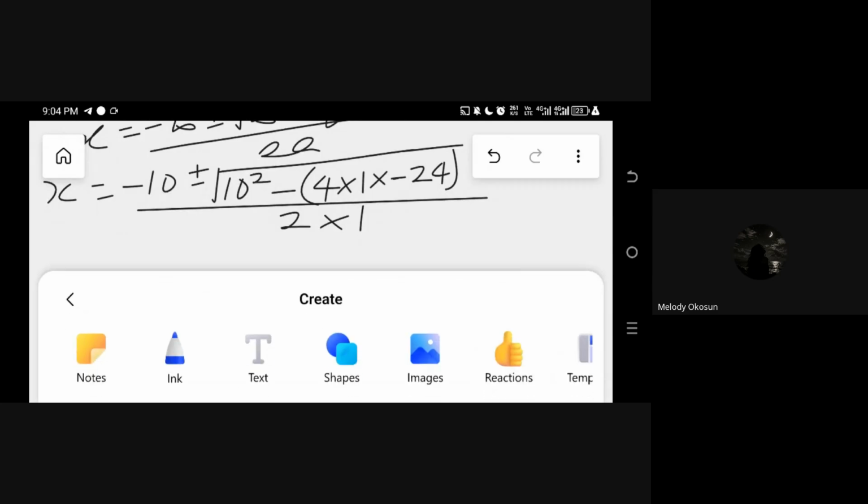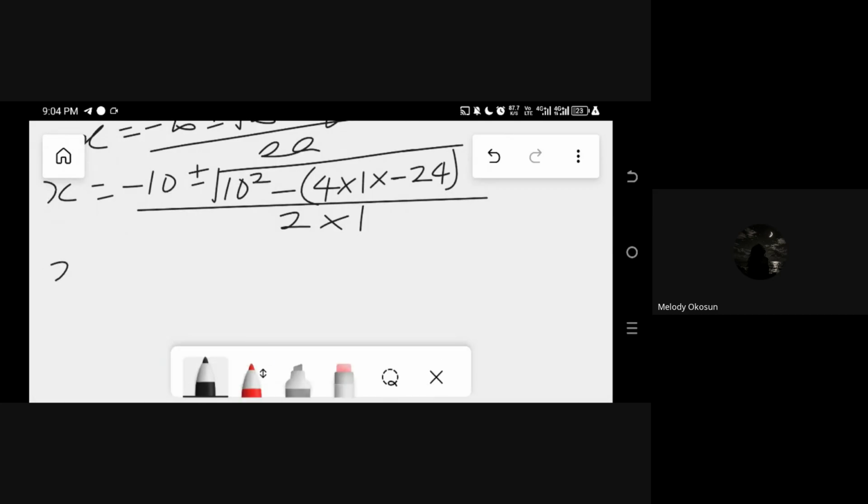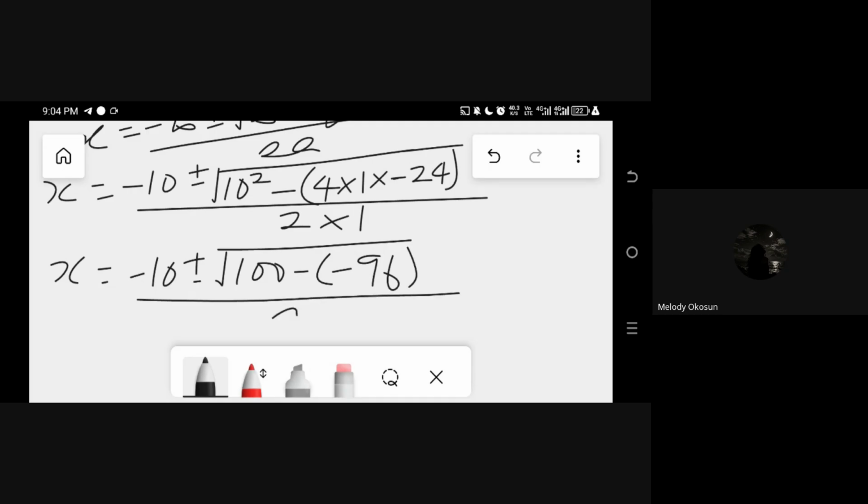Proceeding, we now have that S is equal to minus 10 plus or minus the square root of 10 to the power of 2, which is 100, minus 4 times 1, which is 4, then 4 times minus 24, that's minus 96, and all over 2 times 1, which is 2.